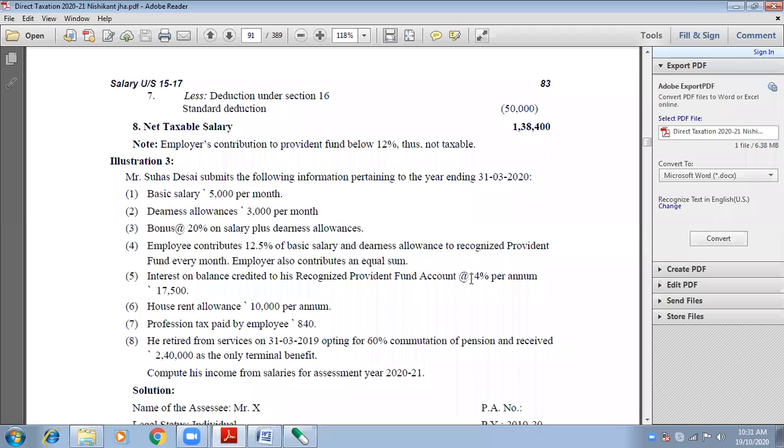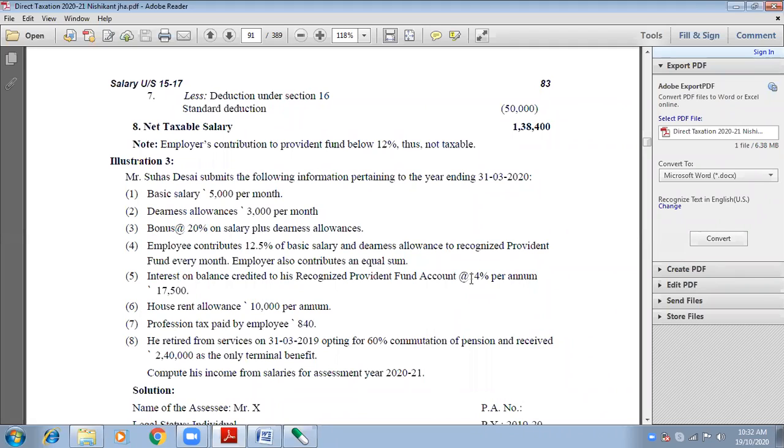If you invest in a bank FD, you receive 12% interest. If you invest 1 lakh rupees, you will receive 12,000 rupees. How did you calculate 12,000? 1 lakh into 12%, right? So 12,000 I calculated.